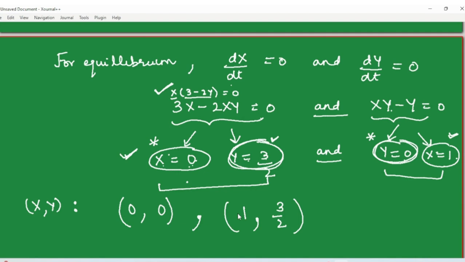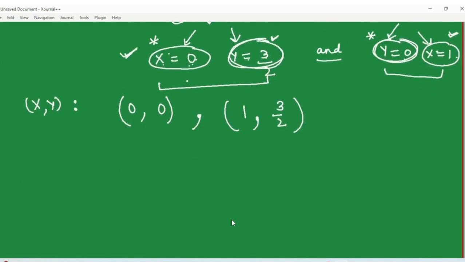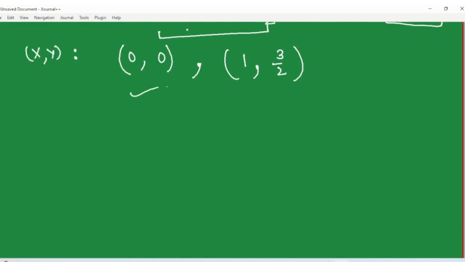The best way is to freeze one option for the first one and then look for all possible combinations for the second one, and then you freeze the second option for the first one and apply all combinations to land on all the equilibrium points. So let's do 2-3 more examples to understand this better. So these two are the equilibrium points, or equilibrium positions, of the given system.